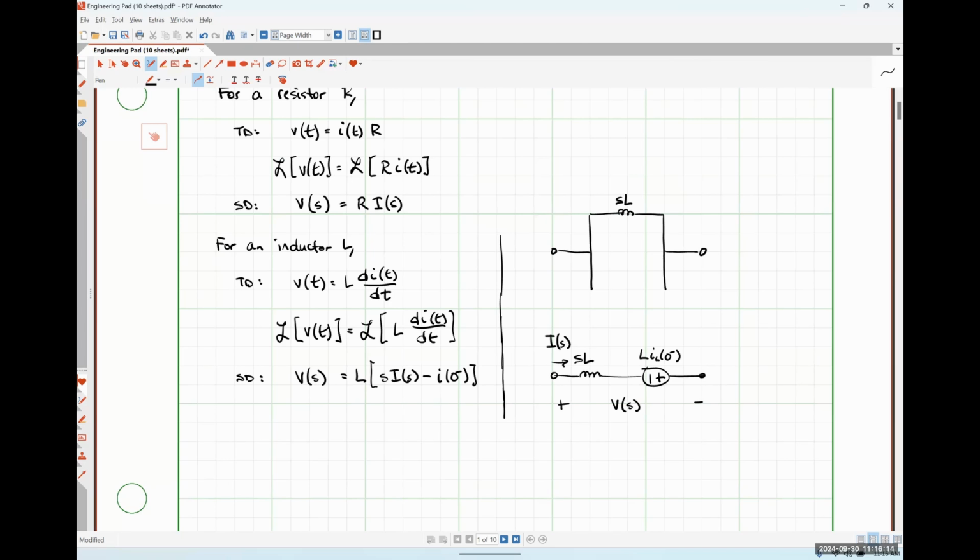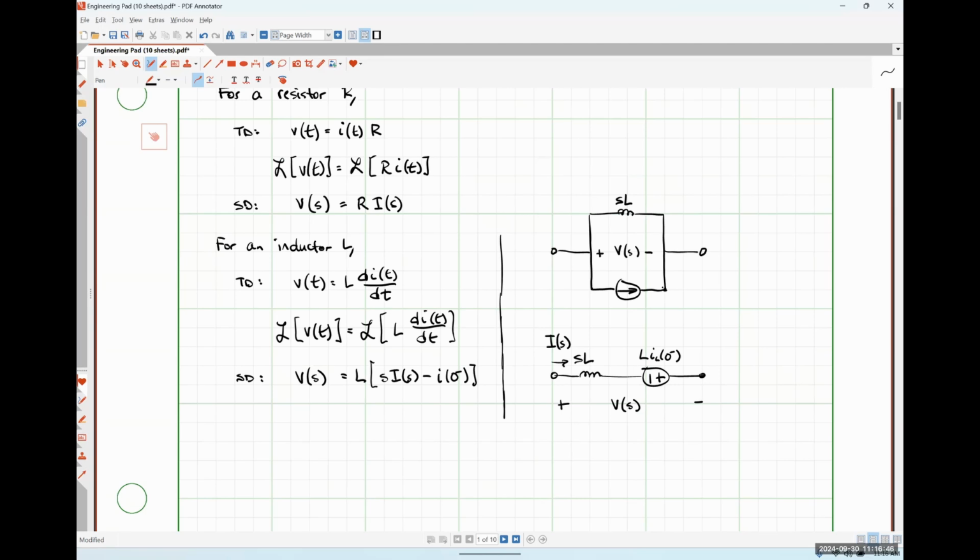There's SL. I'm going to put the positive polarity terminal of V of S on the left-hand side, the negative polarity terminal on the right-hand side, so that it's just matching the polarity that I have down here. For my current source, I'm going to choose to put it down here, and my direction is to the right because the positive polarity terminal of the voltage source that I'm transforming is on the right.